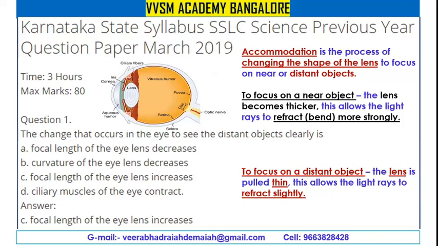This allows the light rays to refract slightly. Therefore, my dear friends, the lens is highly adjustable in nature. It changes according to the distance of the object. Depending upon the distance of the object, the image is formed at the retina. So your answer is: focal length of the eye lens increases when we see a distant object clearly. That's how the human eye functions.